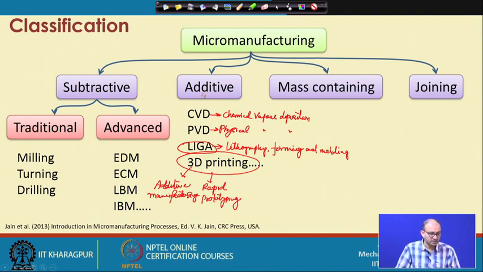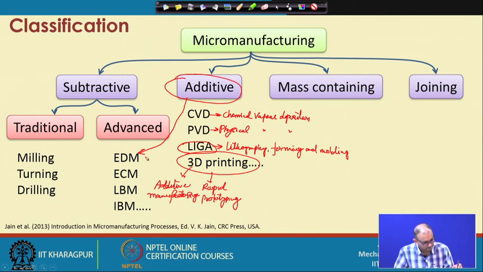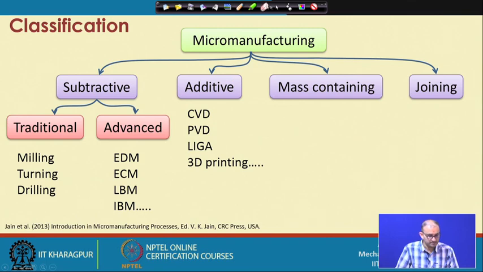So, what is the advantage of additive manufacturing? You do not need to give additional material, so the scrap is very less in this case. So, this is one of the advantages of these particular categories.